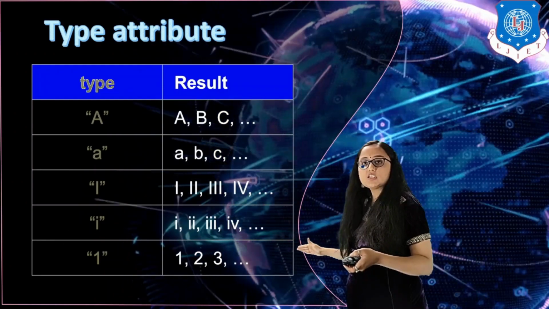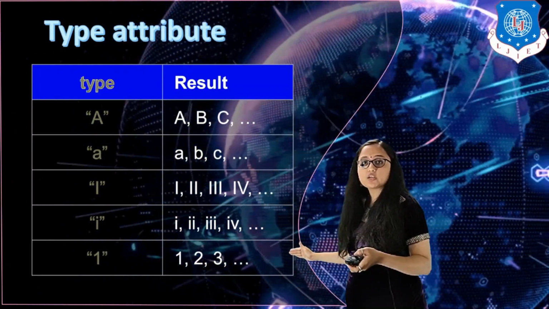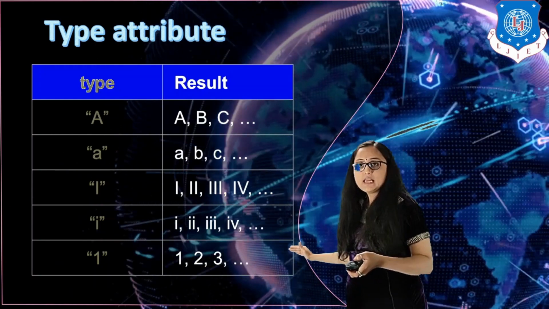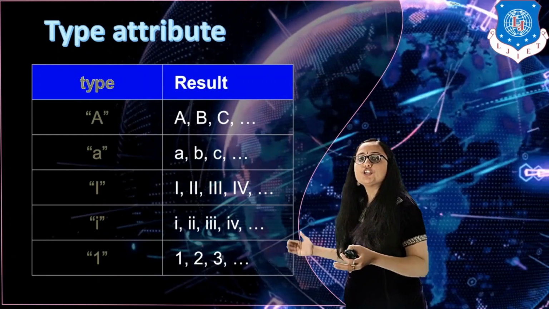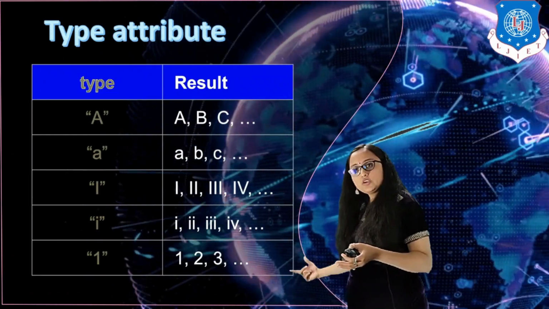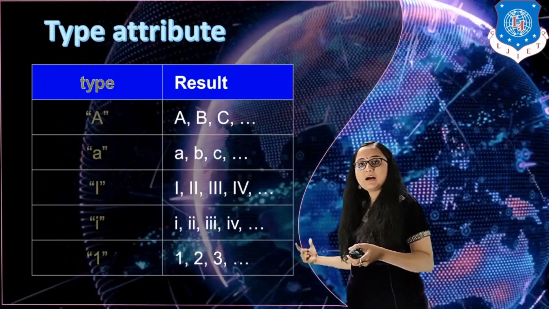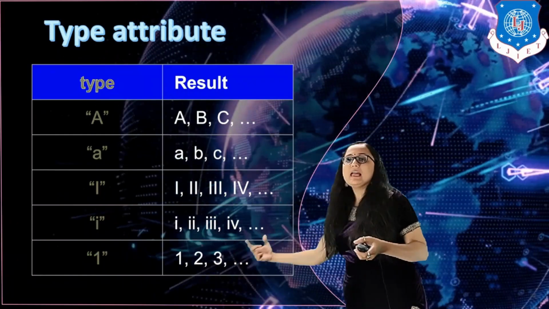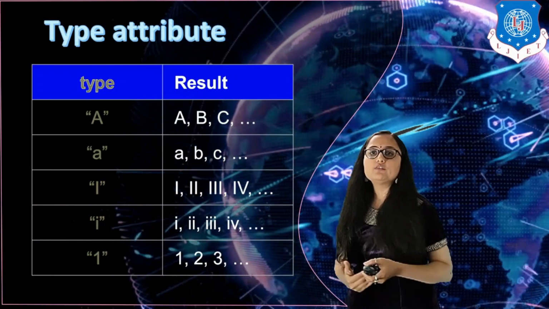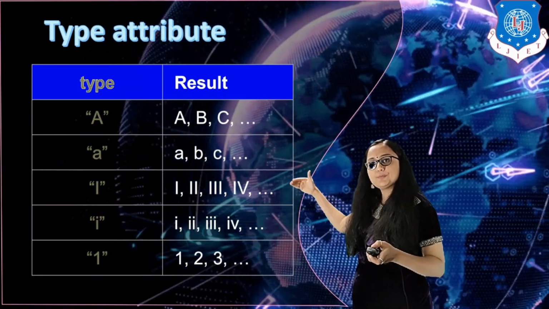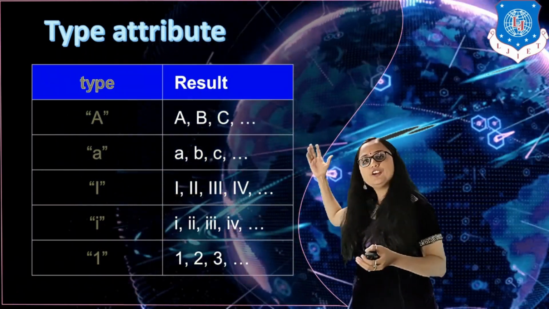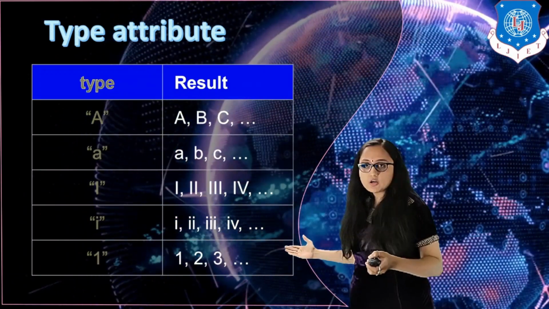And the last is the default type that we have already seen, type is equal to 1, which will be listed in a numeric pattern. If you don't write type is equal to 1, then also by default type is 1 and your ordered list will be numeric in manner. Okay. So these are the type attribute values. You can use any of these values according to your choice.